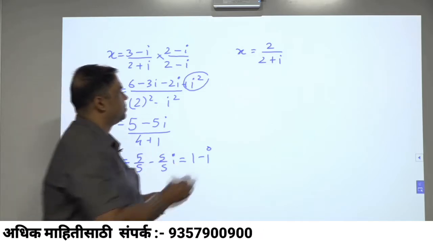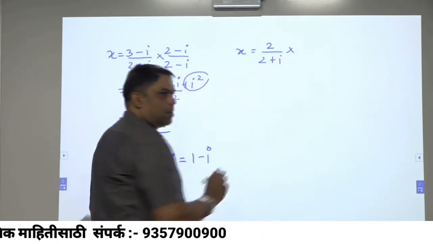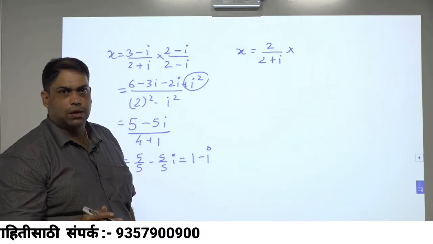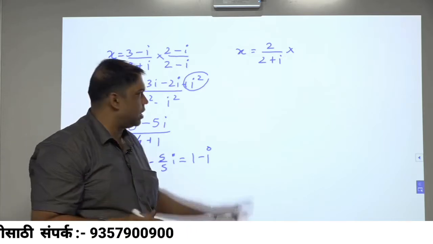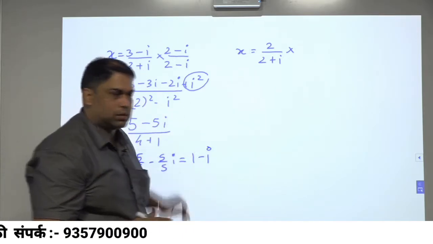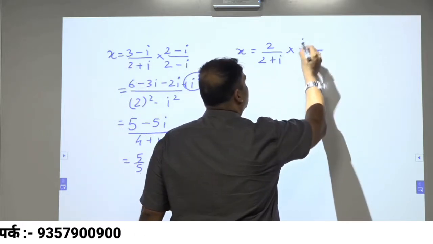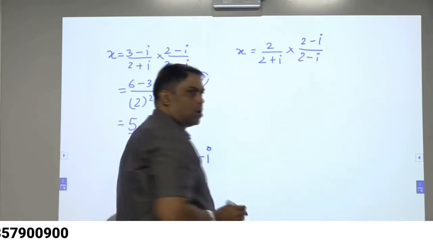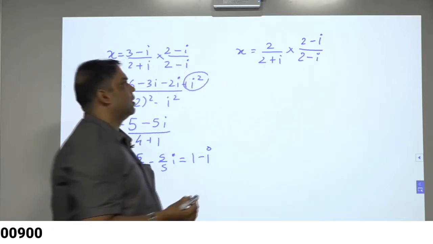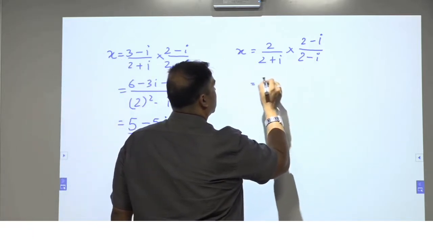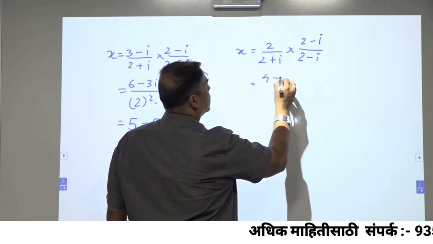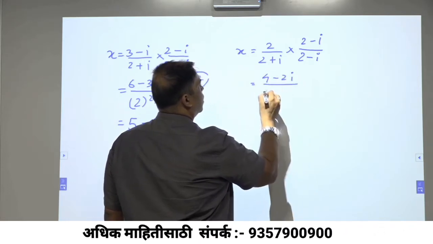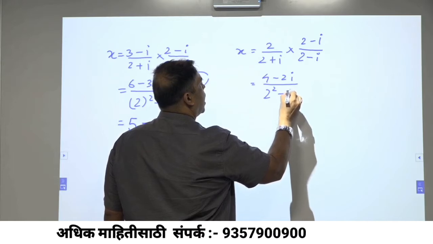And for the next one, again I will multiply by the conjugate, 2 minus i upon 2 minus i. So multiplying, we get 4 minus 2i upon 2 squared minus i squared.